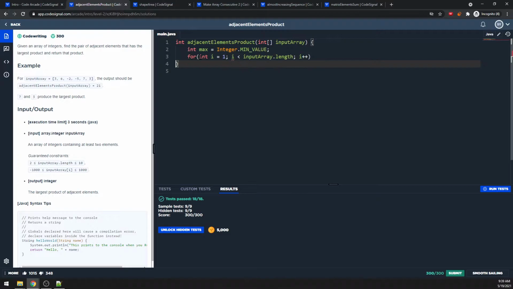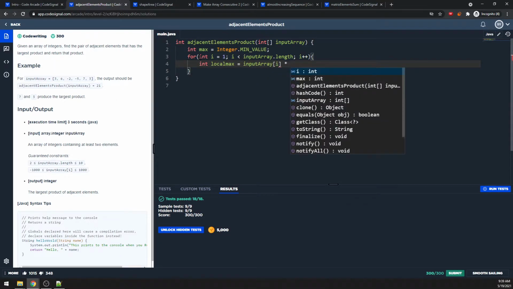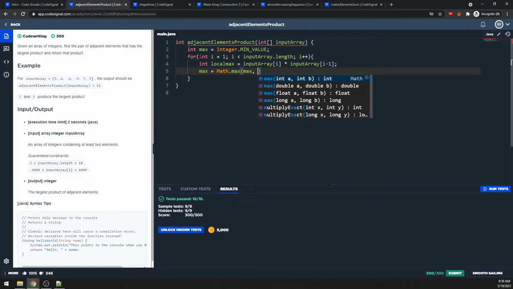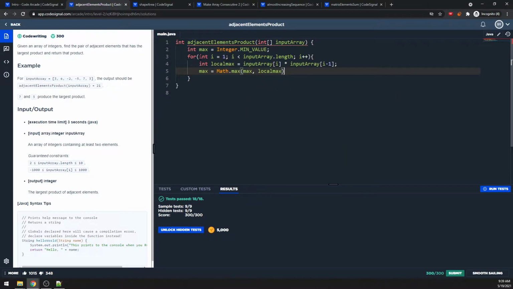We make a local max, which is itself multiplied by the previous one in the input, and when we find the local max, we check it against the global max. So you return max, right?